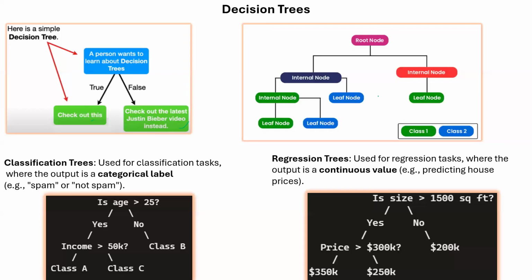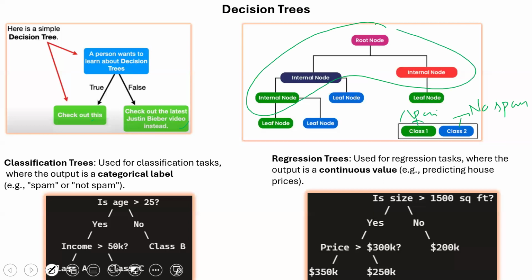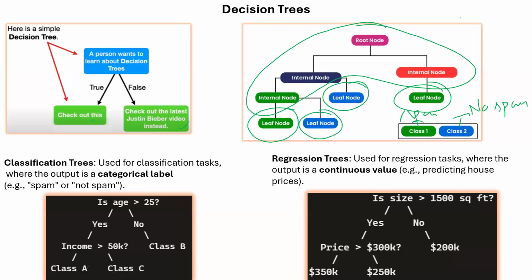If you take the green color as an example, class 2 is no spam and class 1 is spam. Based on the different conditions that we apply here, you have to decide whether that email is spam or not spam. All the leaf nodes are the classes that we want to derive. This is how a decision tree looks.